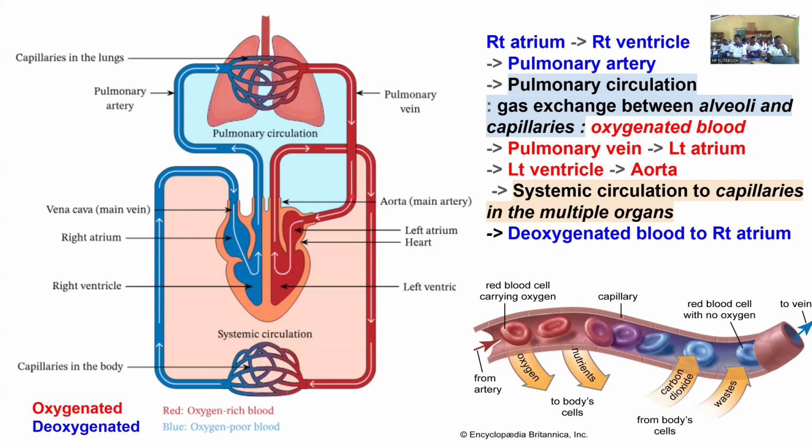That's the next step. And then it goes into the left atrium of the heart. These parts are called atrium. And then it moves to the left ventricle. Again, both of these parts are called ventricles. These are called atriums. And then it moves into the aorta, which is the main artery. And then from here, it goes into the systemic circulation where it distributes blood to the rest of our body.